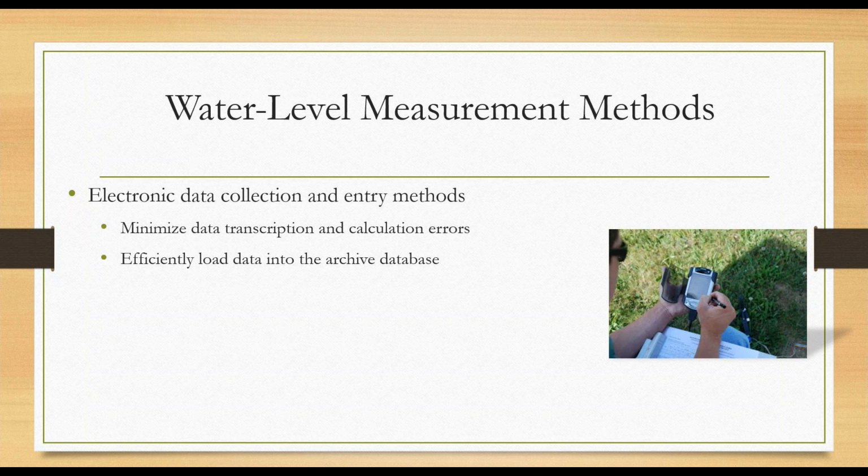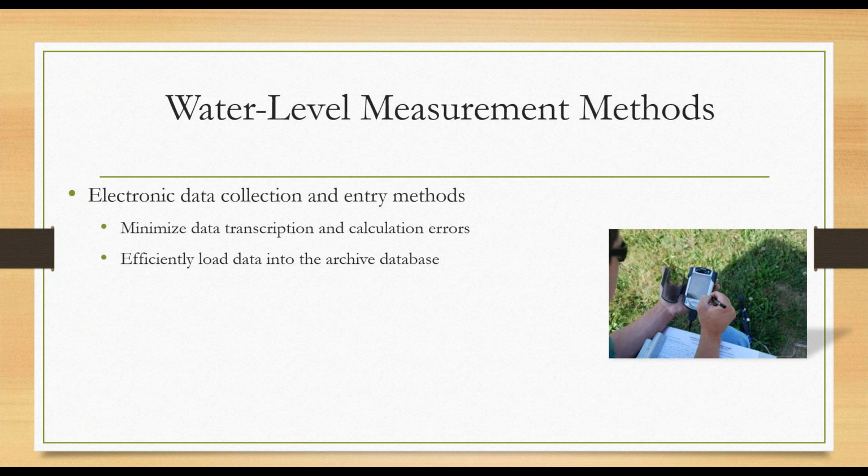If you're writing it on a piece of paper, you get distracted, you're doing a calculation of a measuring point, you're subtracting off a measuring point from your land surface data, you make a math error. You may not catch that early on. You may only catch it later on as you're analyzing the data.